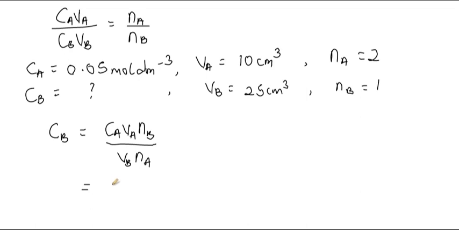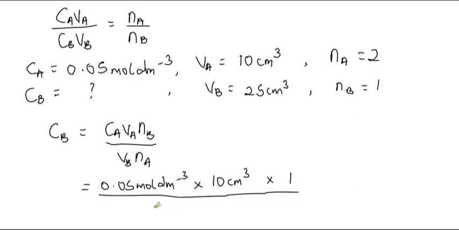We have Ca as 0.05 mole per dm cube times Va 10 centimeter cube times Nb, which is 1, divided by Vb 25 centimeter cube times Na, which is 2.